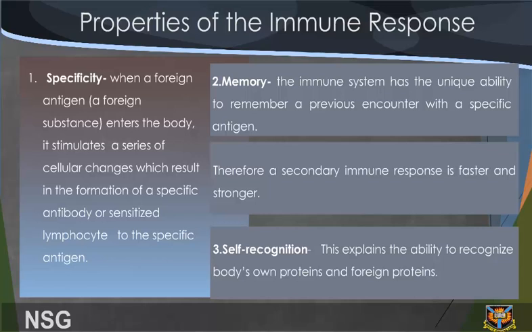The immune system has the unique ability to remember a previous encounter with a specific antigen. Therefore, a secondary immune response is faster and stronger.